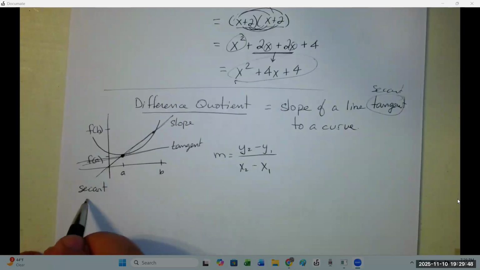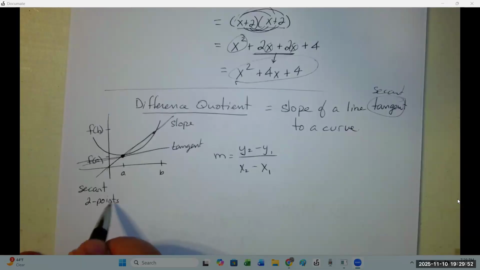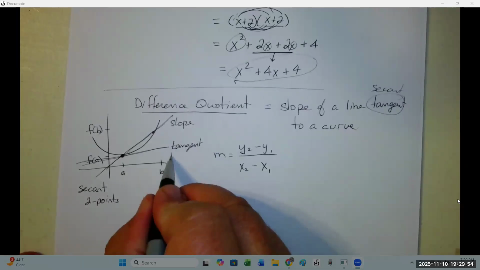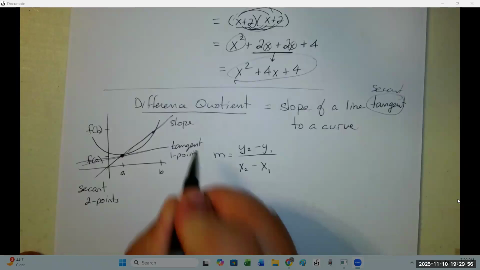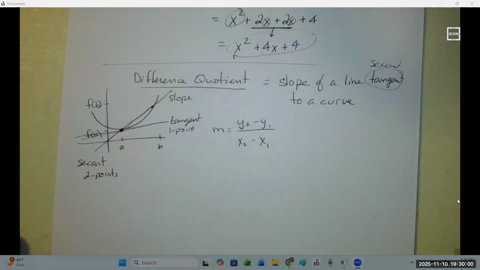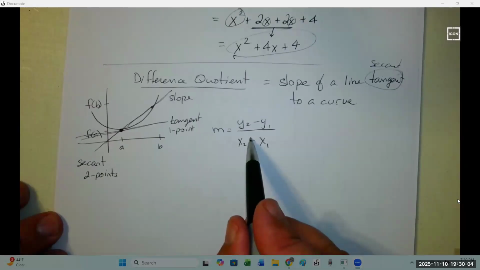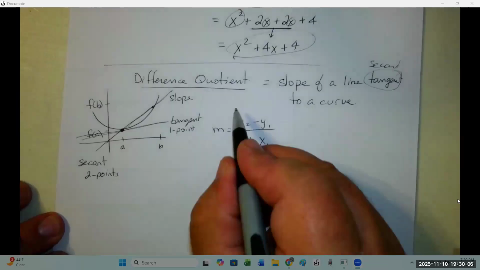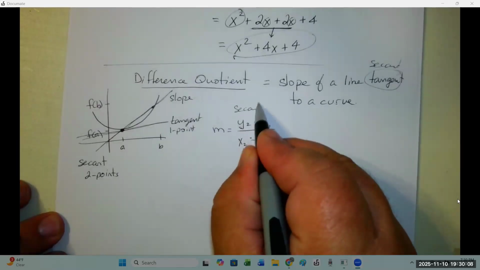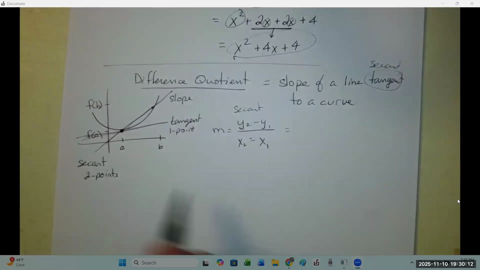The secant needs 2 points. The tangent only needs 1 point. So we have to go from this, the secant line, to an equation that deals with a tangent only.